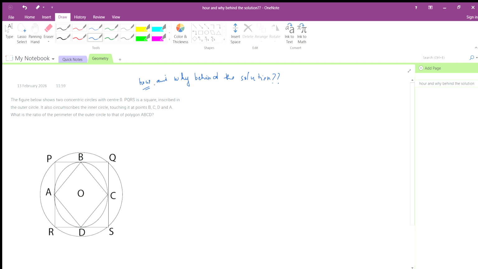Okay, let's erase this. The figure shows two concentric circles. Okay, concentric means same center.